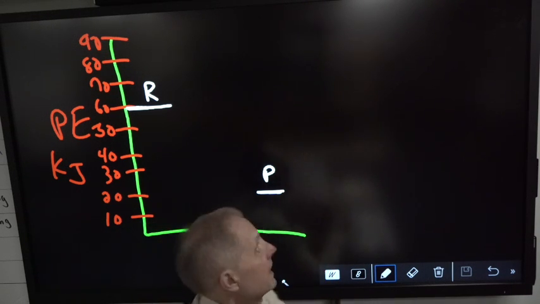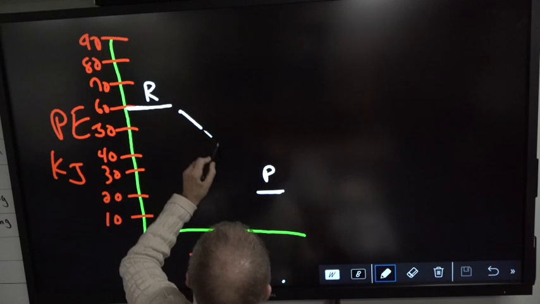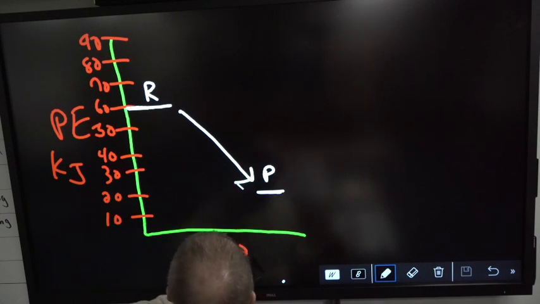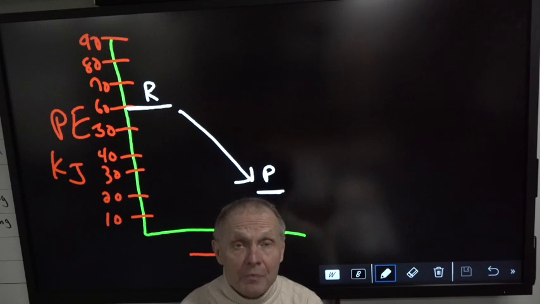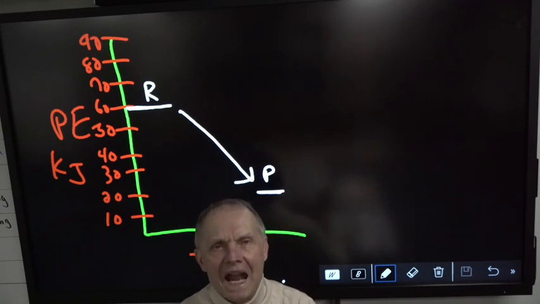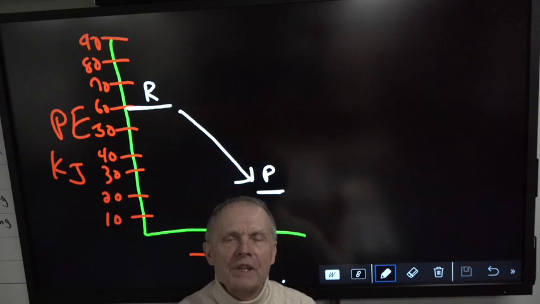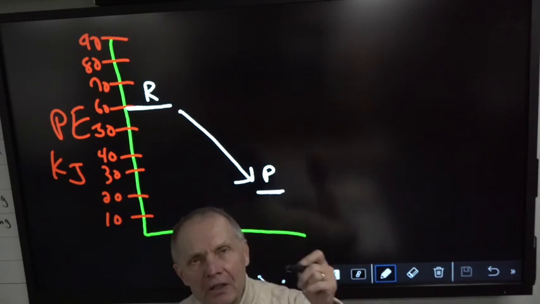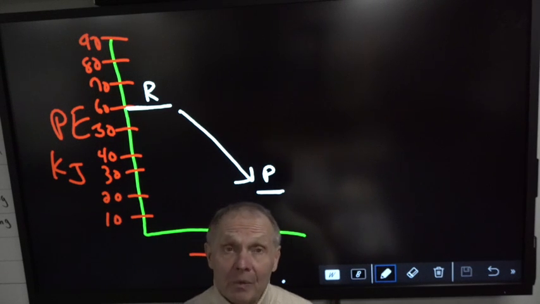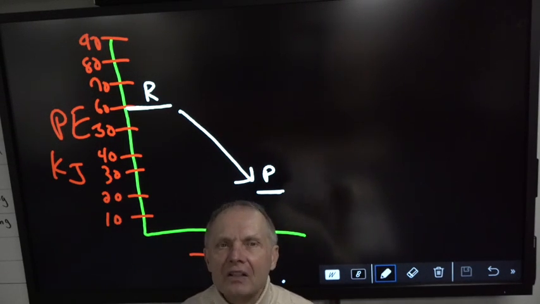Did it go straight down like that? No, it did not. Because remember, we had to break the old bonds before you had to form the new ones. We had to put energy in. And remember, that energy is called activation energy.